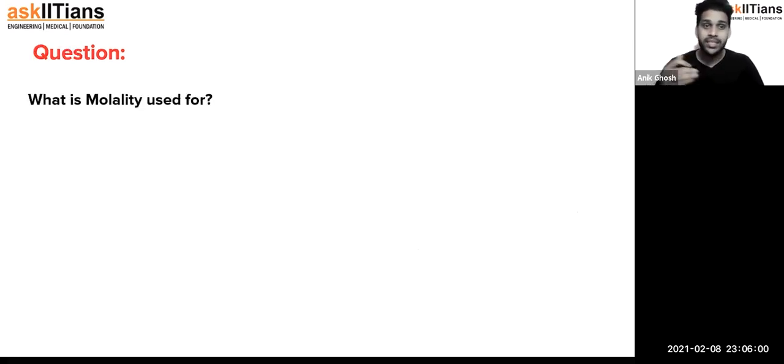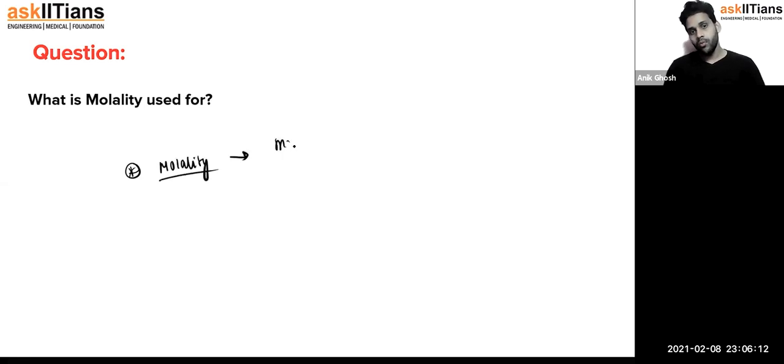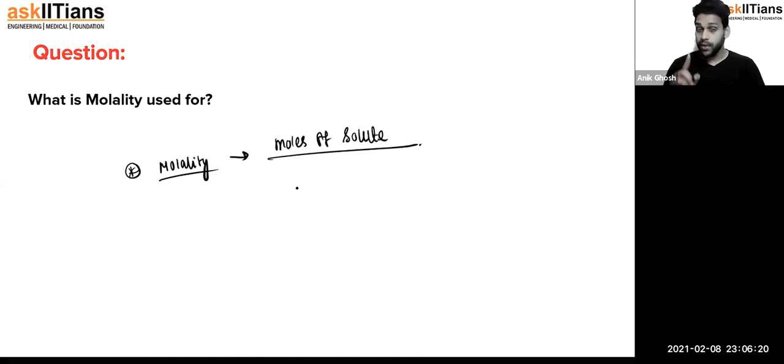What is molality used for? So the thing is, what was molality actually? The moles of solute present in 1 kg of solvent.